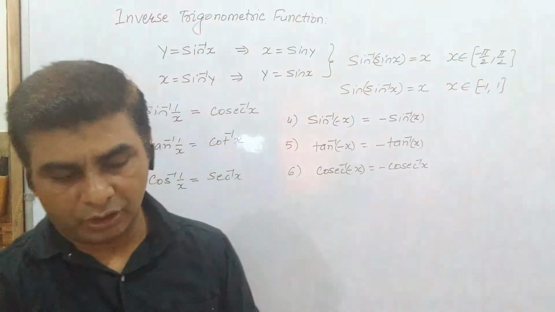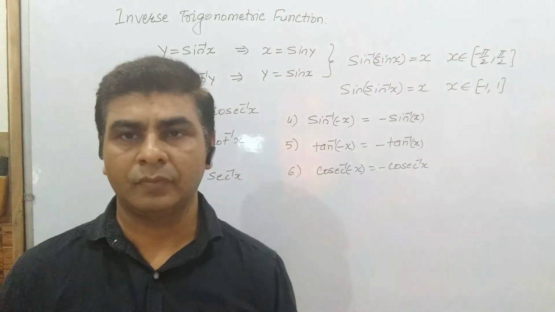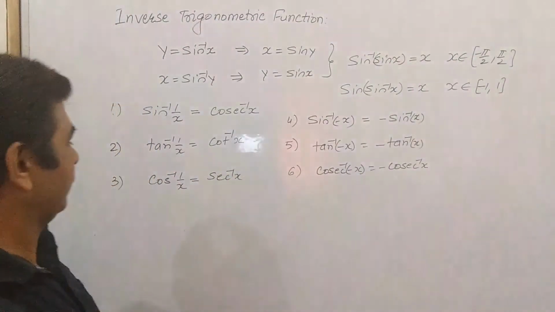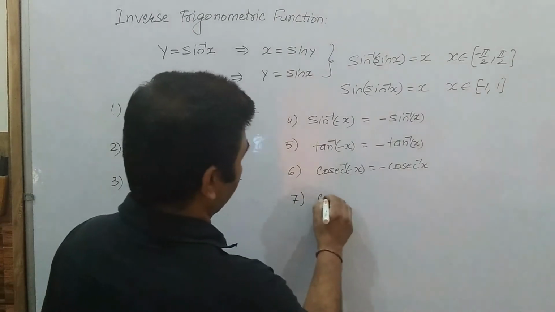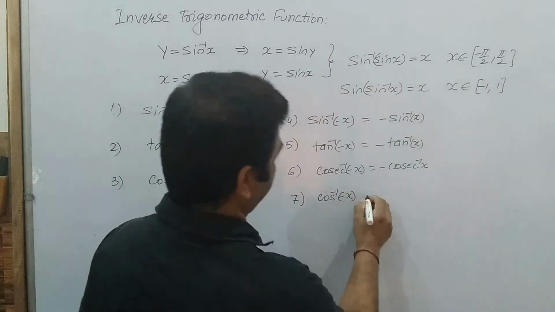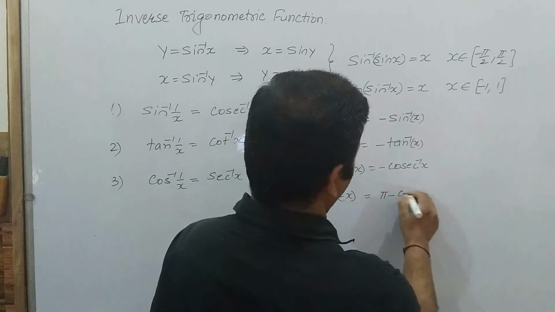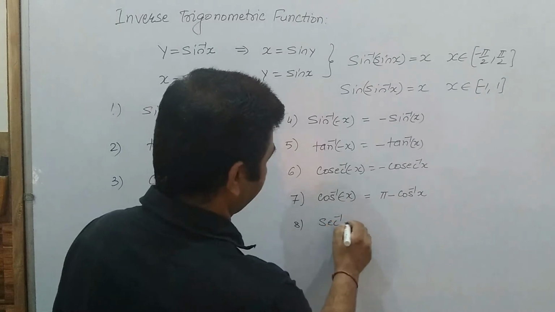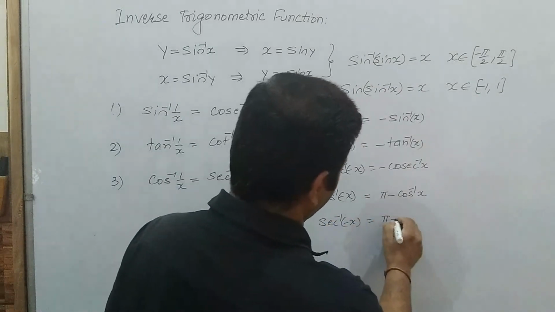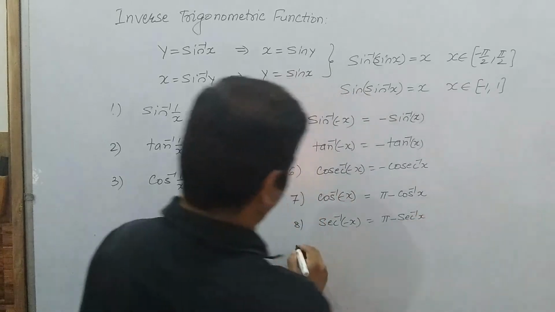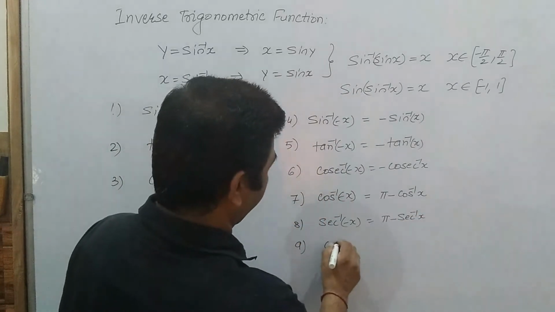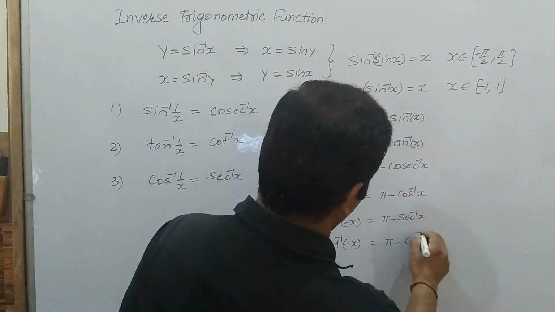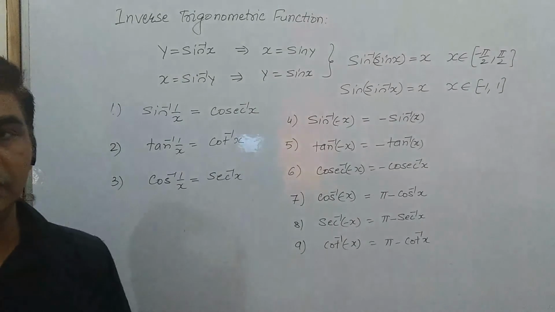But for the cases of cos inverse, sec inverse, and cot inverse, cos inverse minus x can be written as pi minus cos inverse x. For sec inverse minus x, this can also be written as pi minus sec inverse x. And for cot inverse minus x as well, this can be written as pi minus cot inverse x.